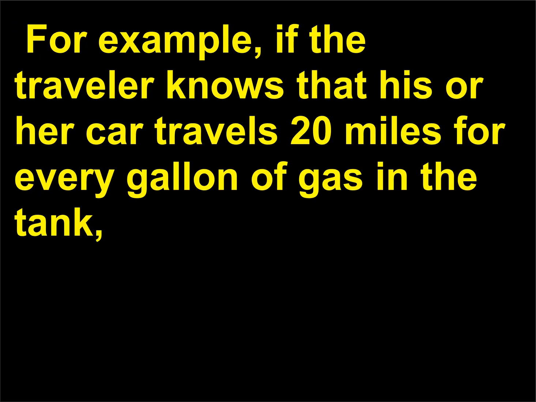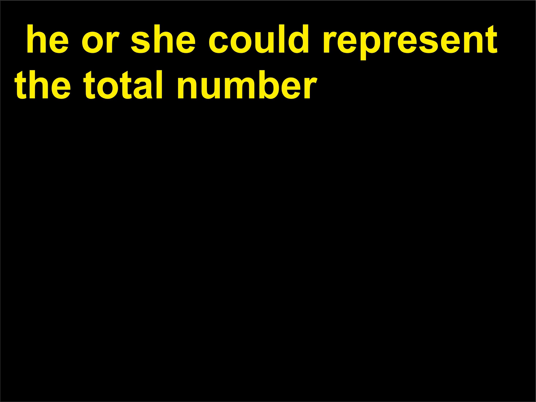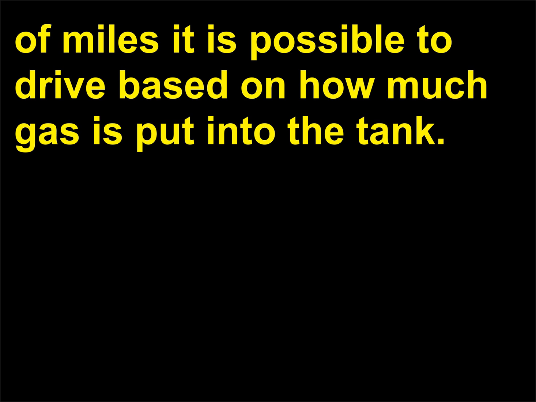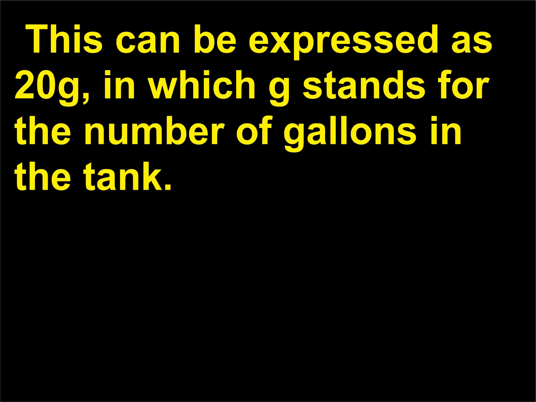For example, if the traveler knows that his or her car travels 20 miles for every gallon of gas in the tank, he or she could represent the total number of miles it is possible to drive based on how much gas is put into the tank. This can be expressed as 20G, in which G stands for the number of gallons in the tank.